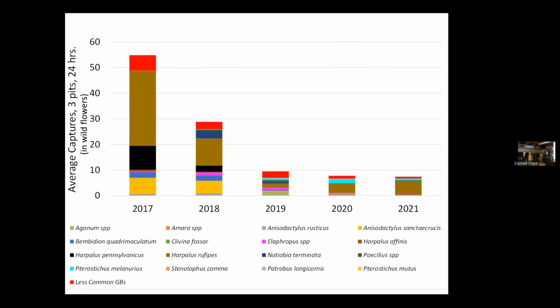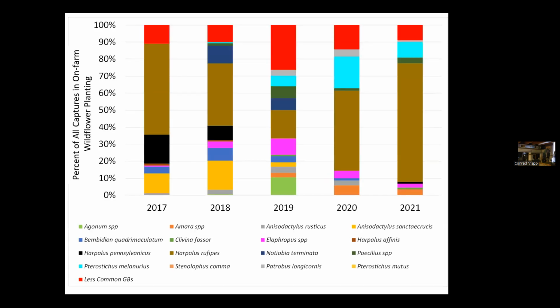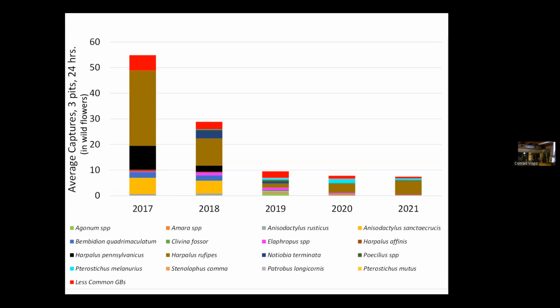So this is the abundance. Each of these bars is still the same. In other words, this is 100% of the captures. That's that bar, but it's just much smaller because we were catching many fewer ground beetles in 2021. So you have this huge change in the number of ground beetles.